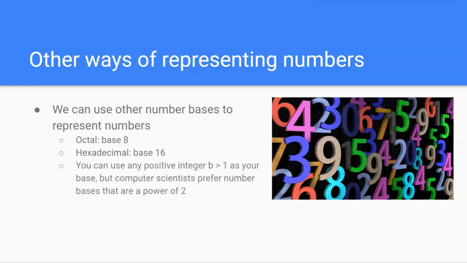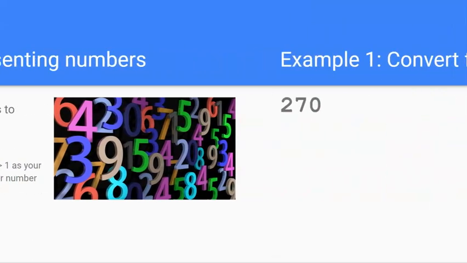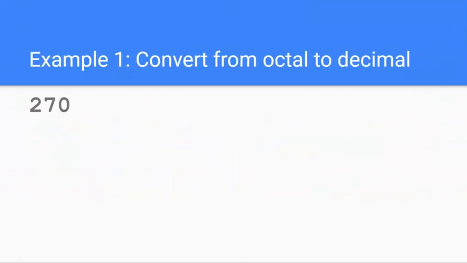But basically, for any positive number greater than 1, so you can't have a base 0, for instance, you are able to find any base system you can to represent that particular number. Again, there are lots of reasons. And for computer science, we'll find that hexadecimal works very conveniently with binary when we get to that section.